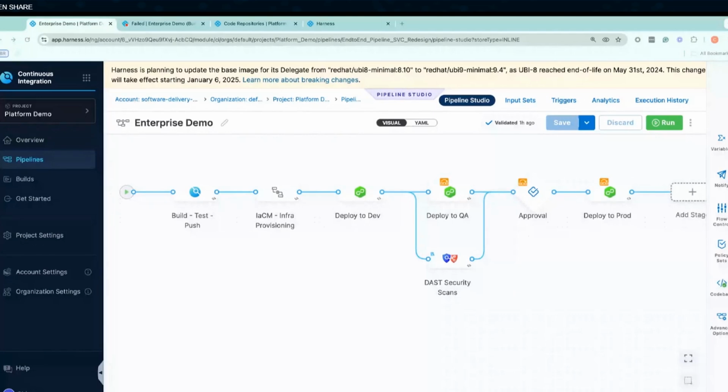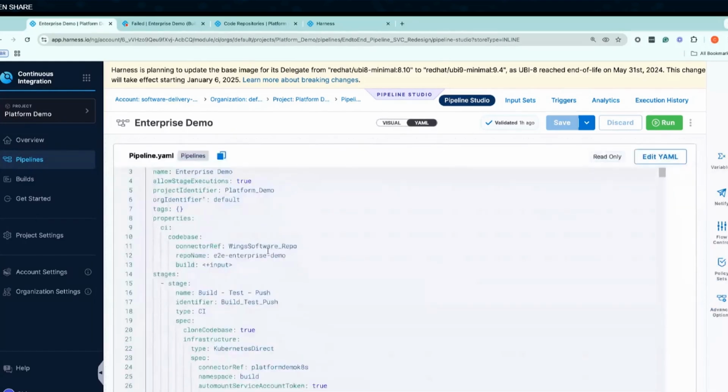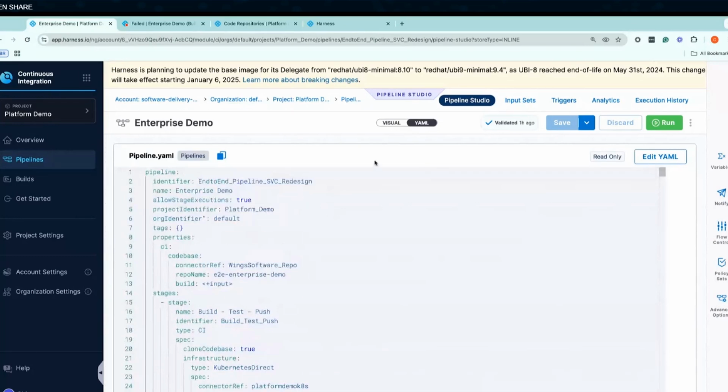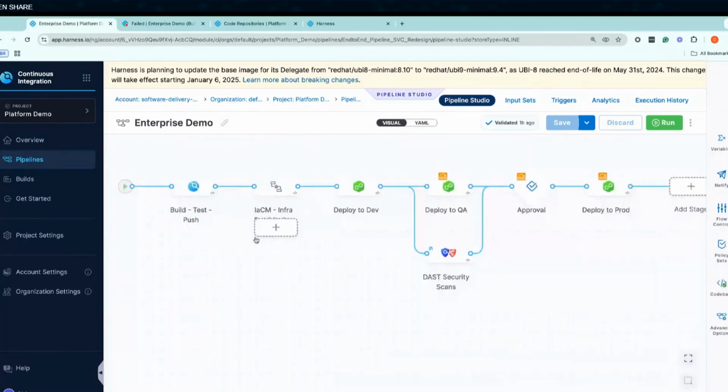All right, so this is what a pipeline looks like in Harness. At Harness, we have a very visual looking pipeline so that it's easy to understand what stages exist in your SDLC. We also have a YAML representation of the same pipeline. So people comfortable with YAML can use YAML. People not comfortable with YAML can use the visual stuff.